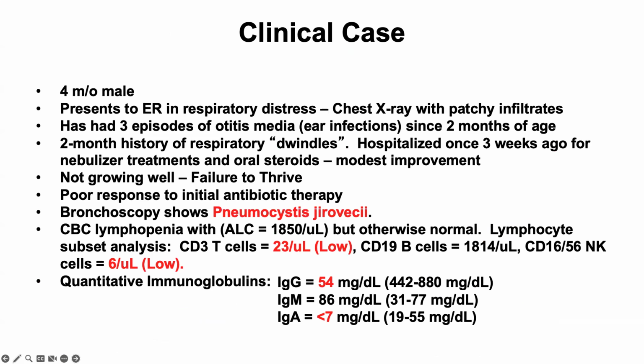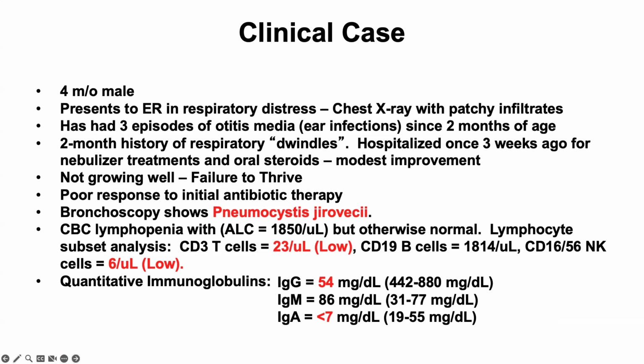Now let me give you a clinical case, just as an example of what we see. This is a real case, a 4-month-old male. He presents to an outside ER in respiratory distress, and his chest X-ray shows patchy infiltrates. His parents say he's had 3 episodes of ear infections since he was 2 months of age, which is pretty young to start ear infections, and especially that many.